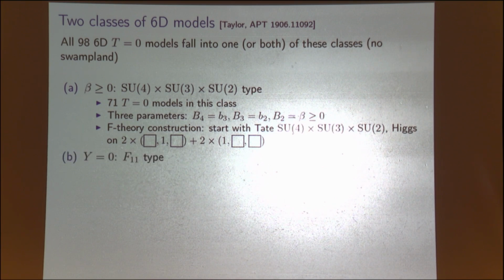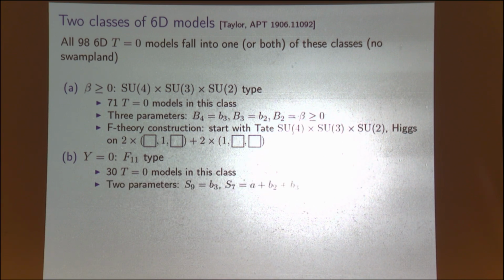OK, so the second class of models is y equals 0. I'm calling these F11 type for a reason that will become clear shortly. There are 30 t equals 0 models in this class. So if you look at this and this and this, you see that there are 3 that are in both classes. This is a 2-parameter family, so it's the smaller of the 2 families.